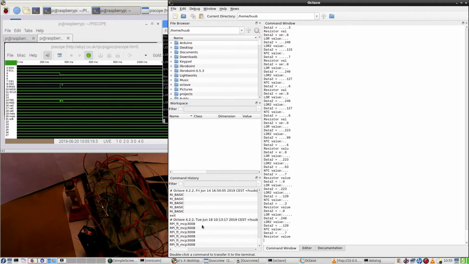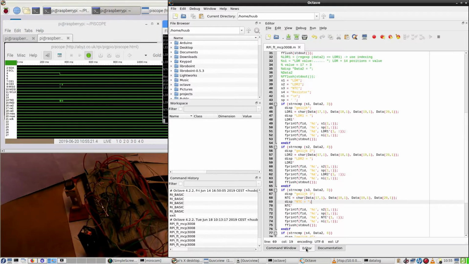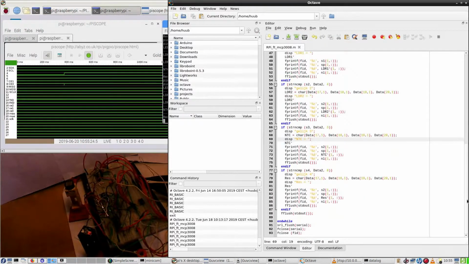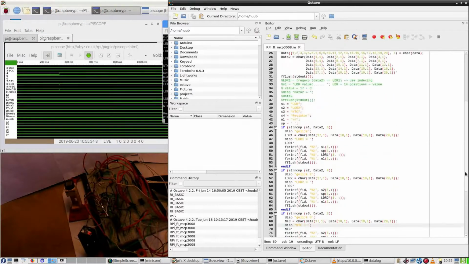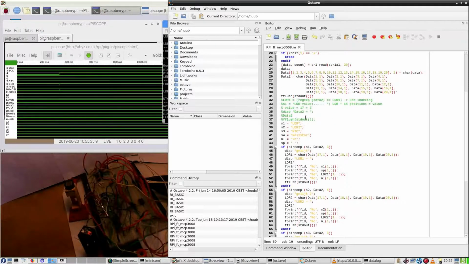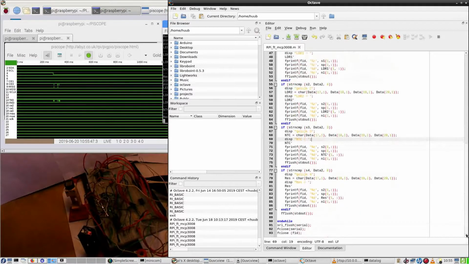So I have changed the algorithm a bit, in the sense that I have now added the resistor as well. I have removed again data 2, since it is printed anyway. So now the question is, what is being done exactly?